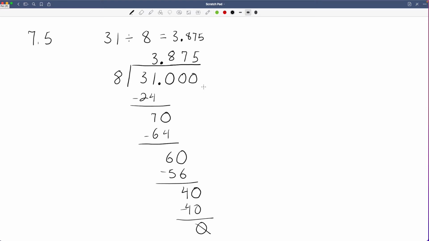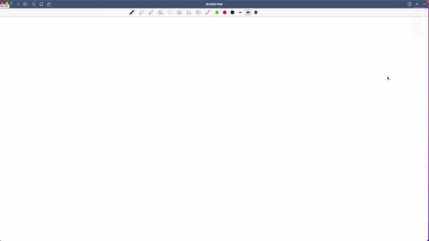Okay? Let's do one more, and let's see what we can do with this. We've got a really, really long problem, 7.6, or I should say long decimals. I have, oh my goodness, how many zeros? Oh, okay, just 2.